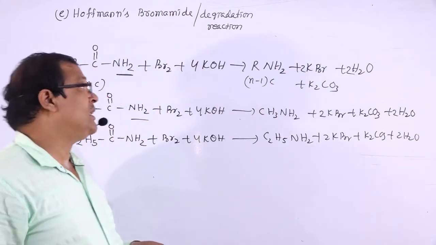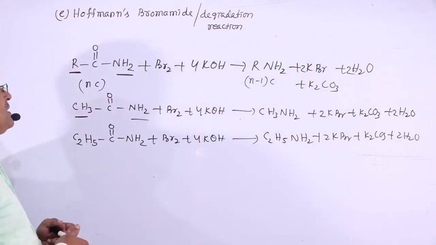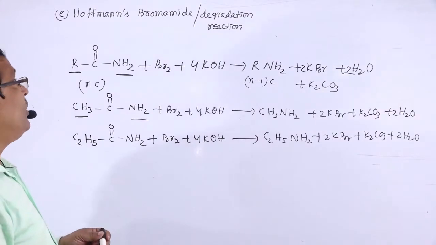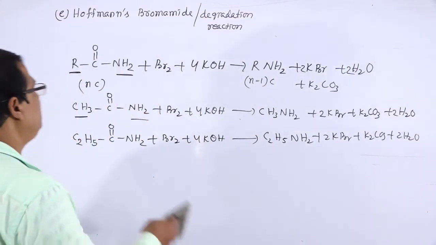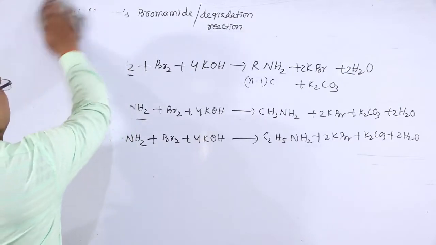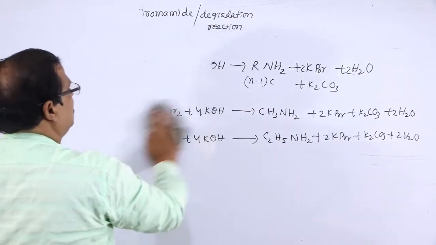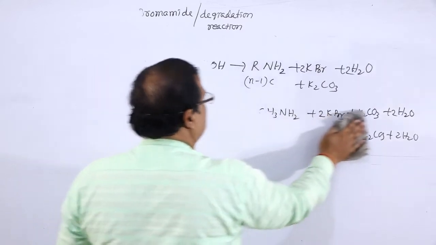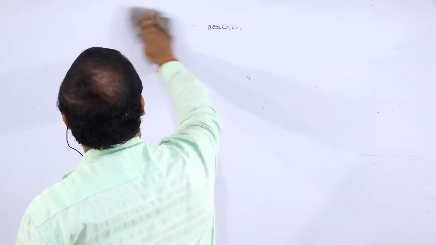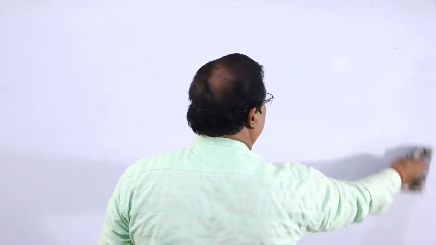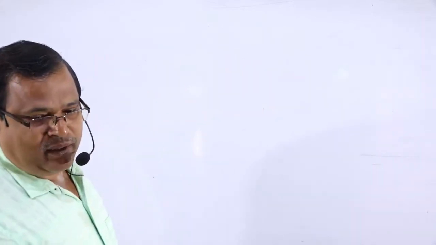So next we'll see the other methods of preparation. This was the first, Hofmann's bromamide. Next we'll see Hofmann's ammonolysis. But that is not a suitable method because during that method a mixture of amines is formed along with quaternary ammonium salt.